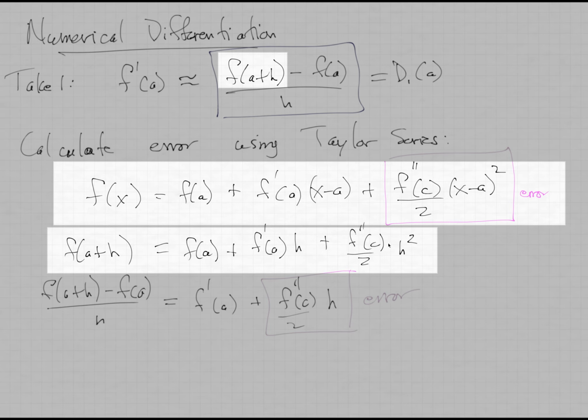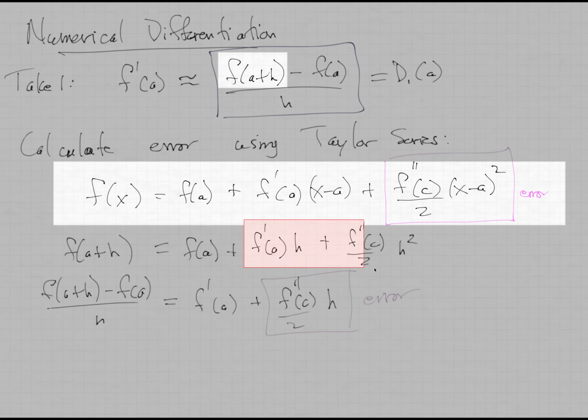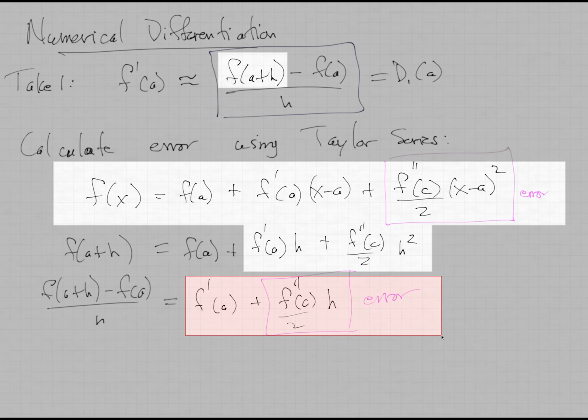Now, if we plug in this formula for f of a plus h up here and subtract off f of a, then of course this term disappears, right? So then we'll get only these terms remaining. And then when we divide by h, what we'll get left over will be this. So the first term just becomes f prime of a, which is exactly what we want.